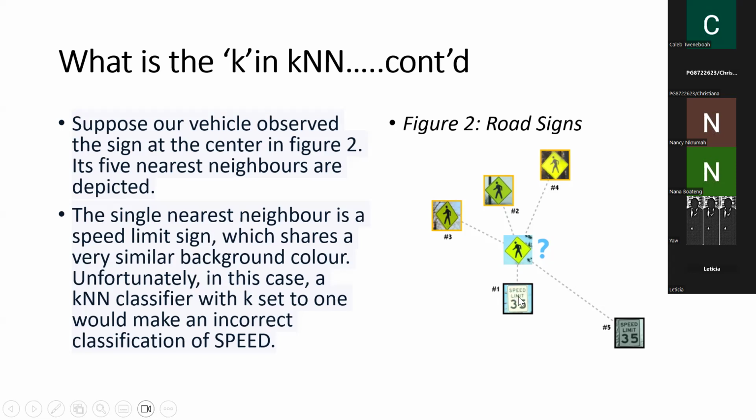The first one, speed limit 35, is the closest to the pedestrian, isn't it? So if you set your K as 1, will it correctly classify the sign?